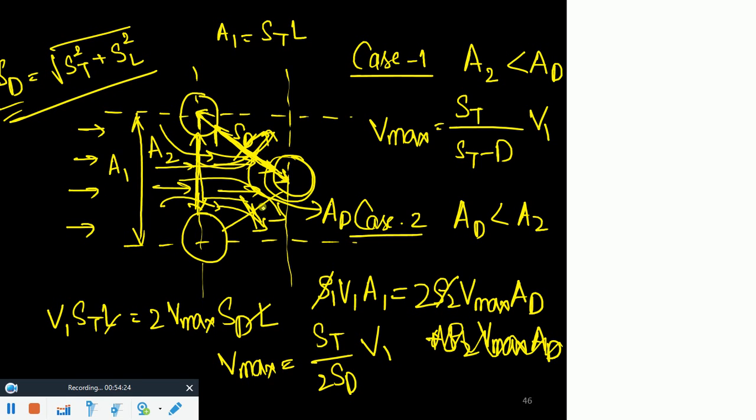It has to pass through this area. Yes, your question. No, A2 has to be from this side. That's why I picked A2 as St minus D. So half of D comes from here and half of D comes from here.